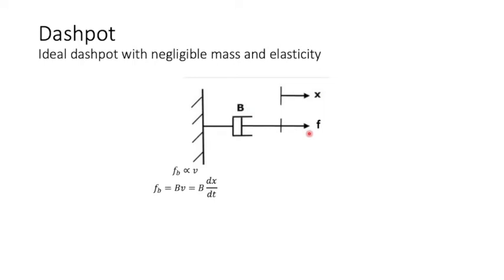So Fb is equal to B into v, where B is the viscous frictional coefficient of the dashpot. The velocity is expressed in terms of displacement as dx by dt. Applying Newton's second law, we have the applied force is equal to opposing force.